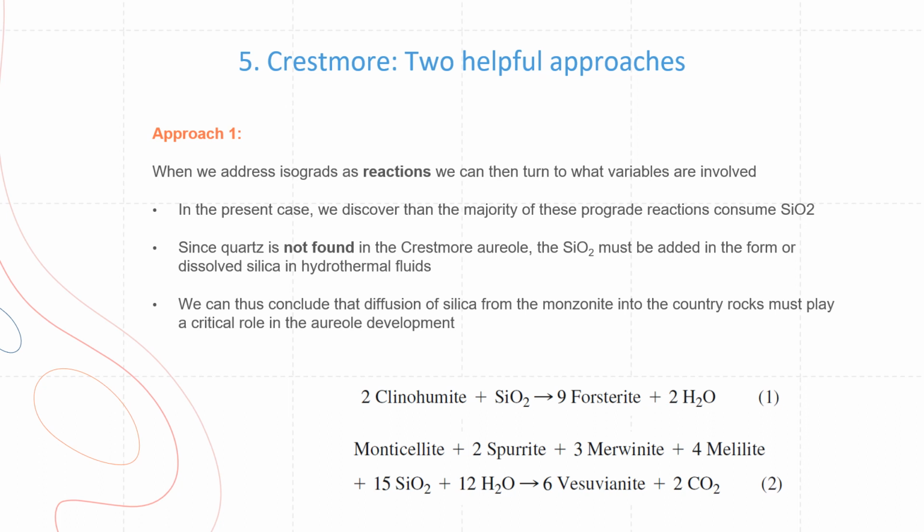So when we address isograds as reactions instead, we can then turn to what variables are involved. In the present case, we discovered that the majority of these prograde reactions consume SiO2.